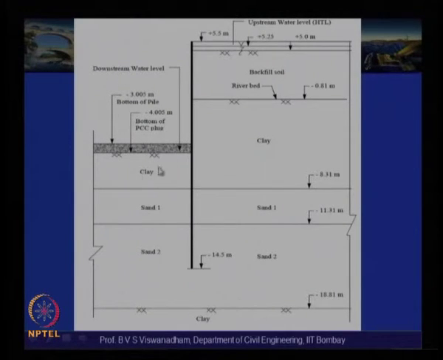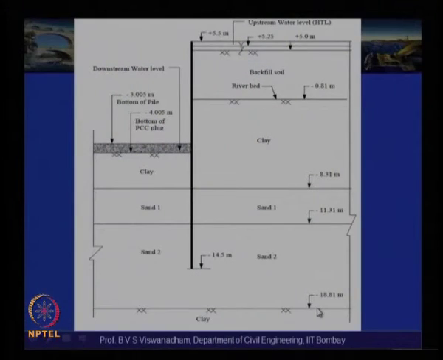Once the foundation is constructed and in place, the cofferdam is removed so that the foundation can be commissioned. Below the sand layer, below minus 18.1 meters, again the clay layer is there. This is assumed to be an impervious stratum, so water flows in this direction.